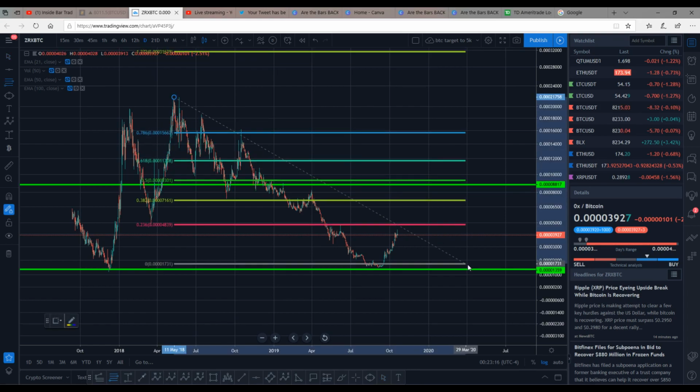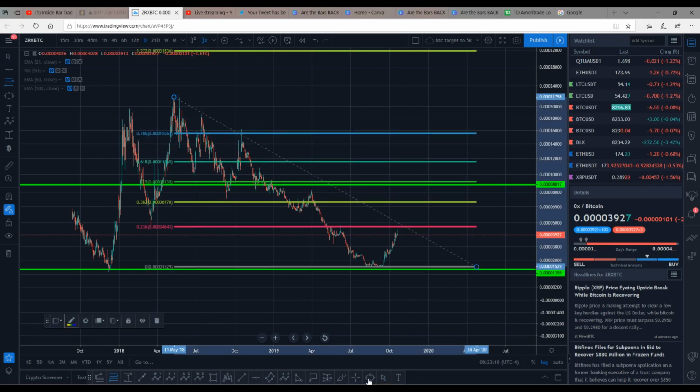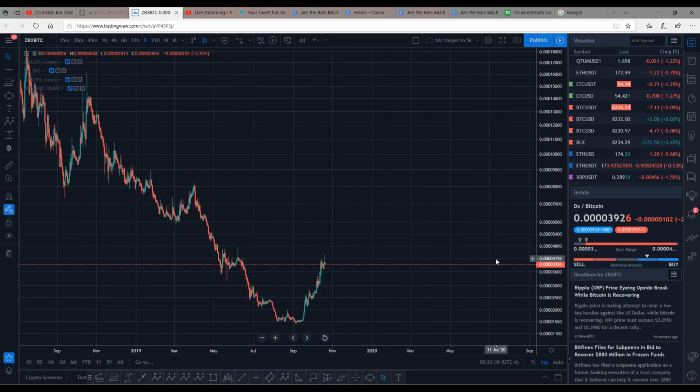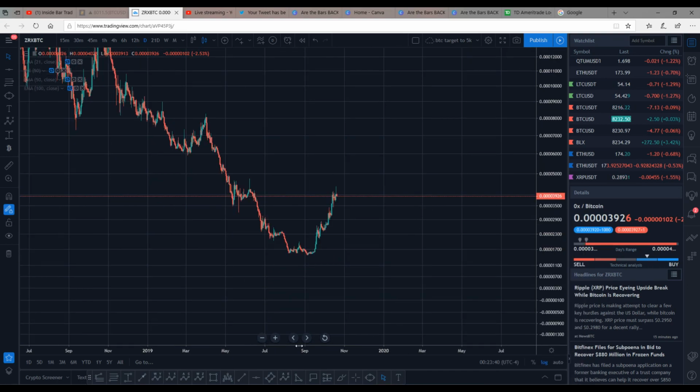If you take the entire move, we just retested 0.236. So 0.236 is this pink line. You could be looking for another retest of 0.382, which is roughly another 80% move versus BTC, guys. So Xerox is looking good, but before this 80% move, you could at least anticipate a sort of correction to the downside.